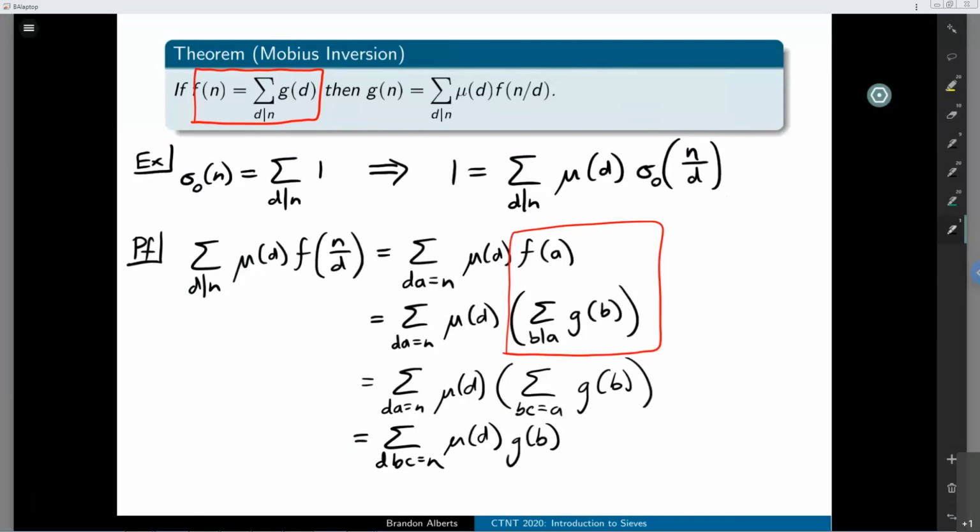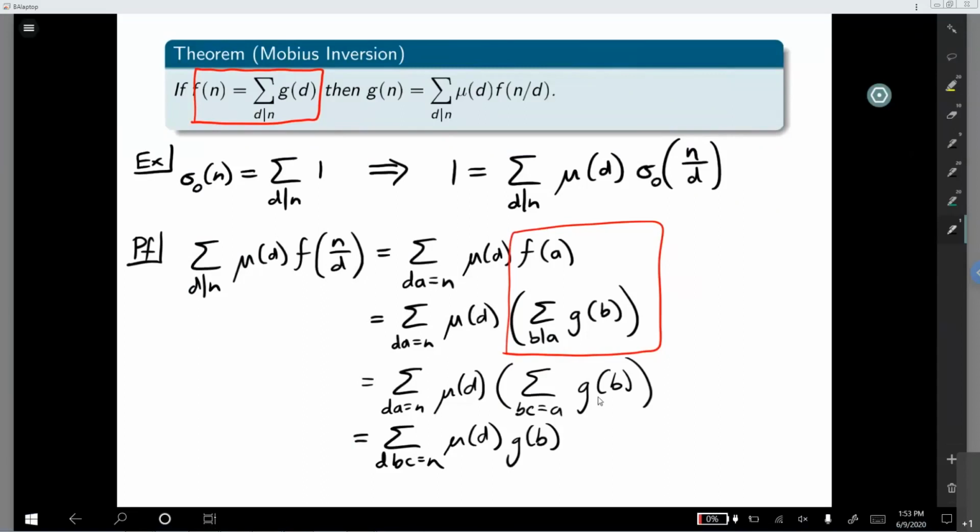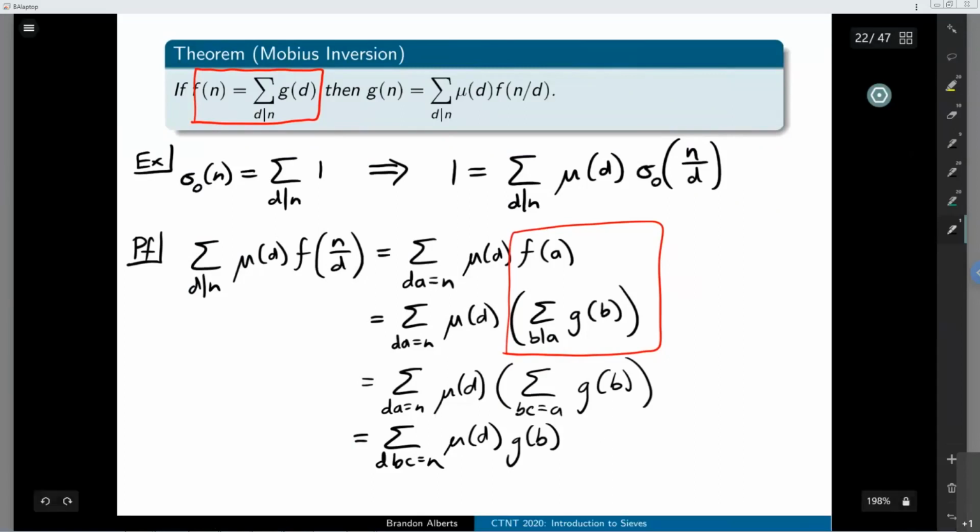All right. Then what we'll do, basically we're going to try to undo this all in the opposite way. So what we started with was basically the g function on the inside sum. So let's try to reverse the orders of the summations and put the mu function in the inside sum.